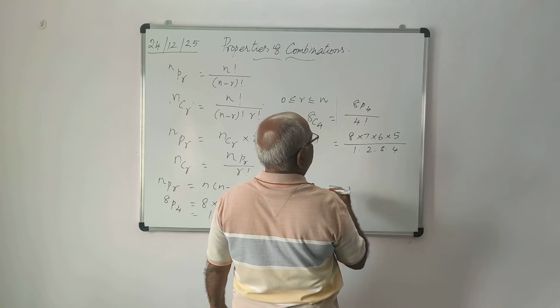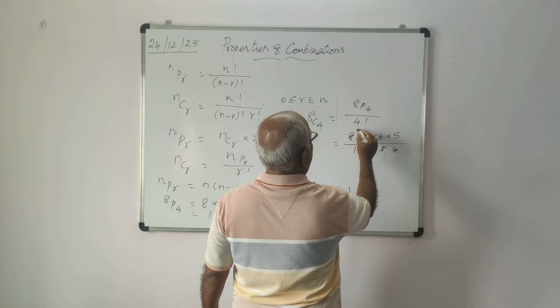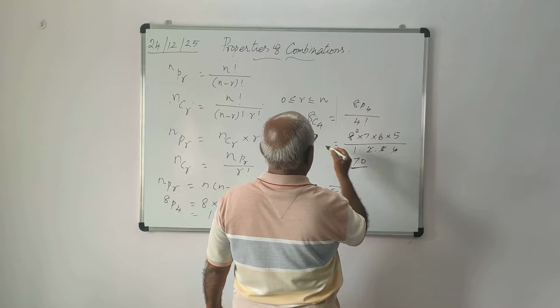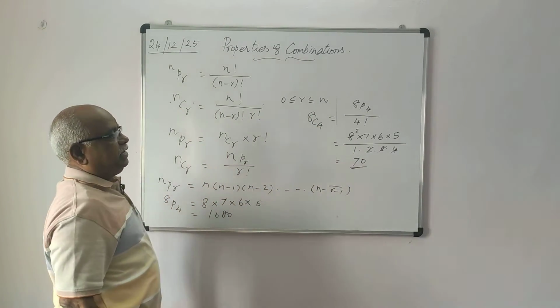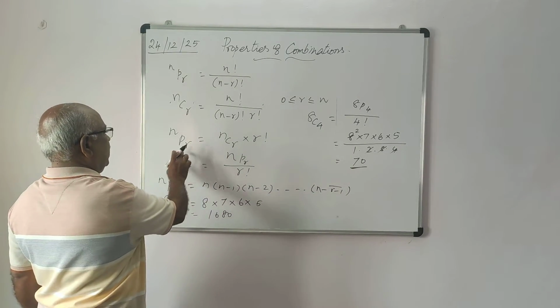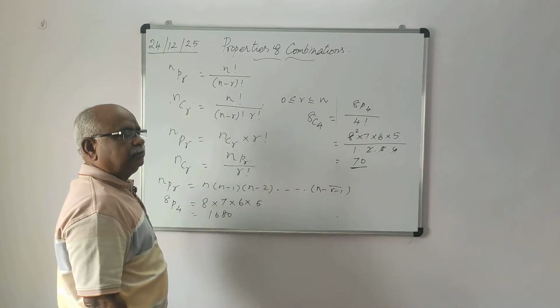Two 3s are 6, two 4s are 8, 14 into 5 is 70. So 8C4 is 70, whereas 8P4 is 1680.